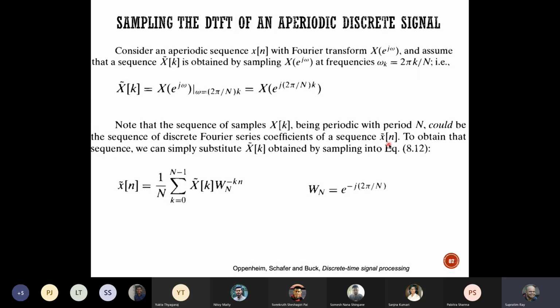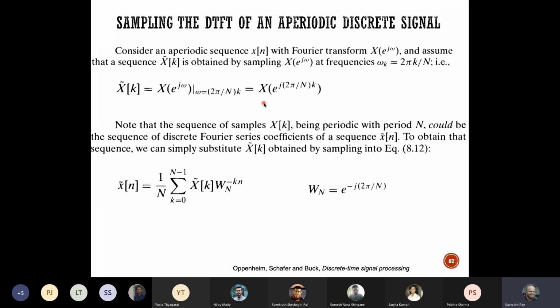So I'm going to try to find out what that periodic signal is going to be. And I'm going to show you that the periodic signal is nothing but this original signal repeated infinitely, translated and repeated. If I do that, then I'm done.